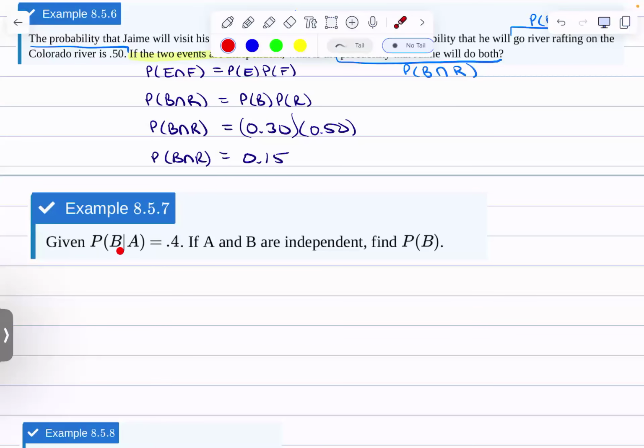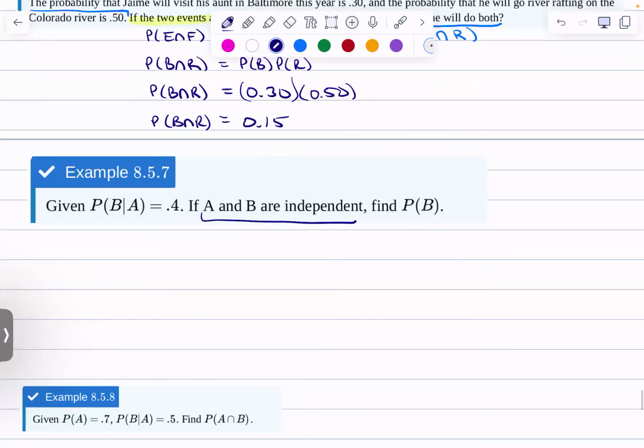If we know that the probability of B given A is 0.4, if A and B are independent, find the probability of B. Right? If they are independent, what does that mean? If A and B are independent, then the probability of A and B is the probability of A times the probability of B. Oh, sorry, I missed it.